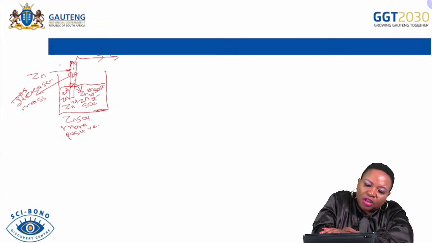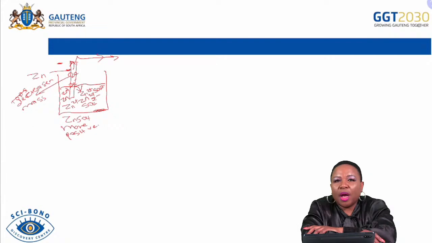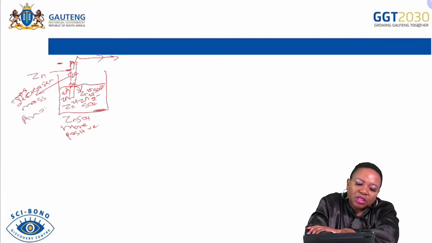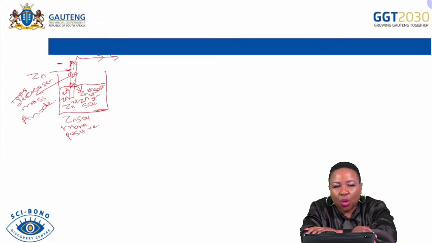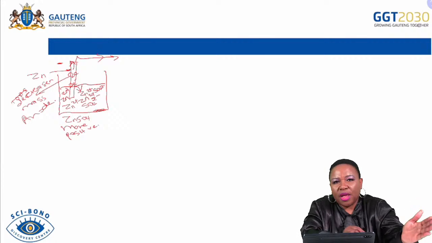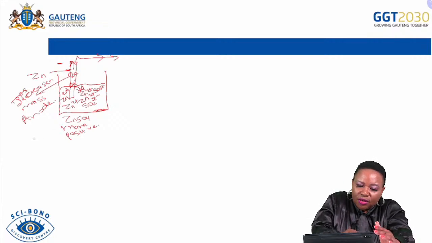So they will also give this zinc electrode a negative charge. That is why we are saying our zinc will be our anode, because that is where oxidation will occur. And that is where electrons will move away as zinc is producing zinc ions and going into the solution. So in short, the zinc electrode is losing electrons and forming Zn2+ ions.